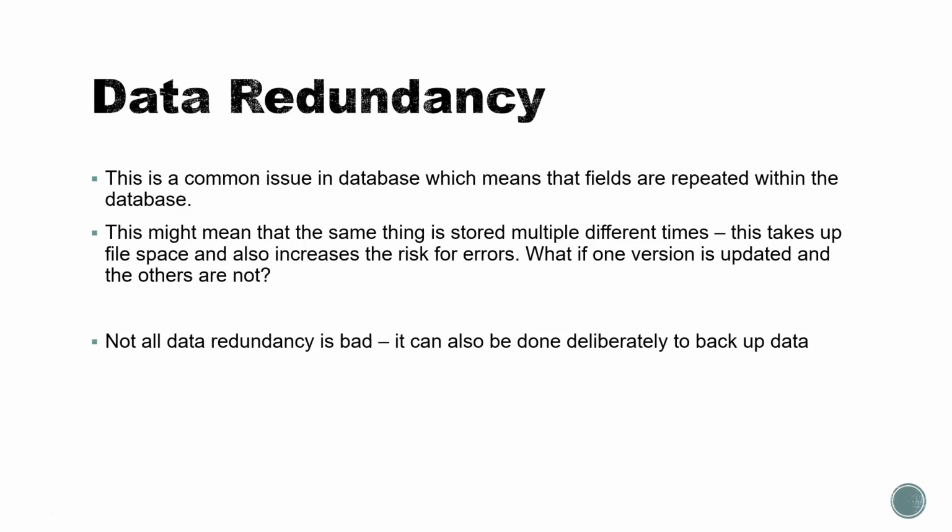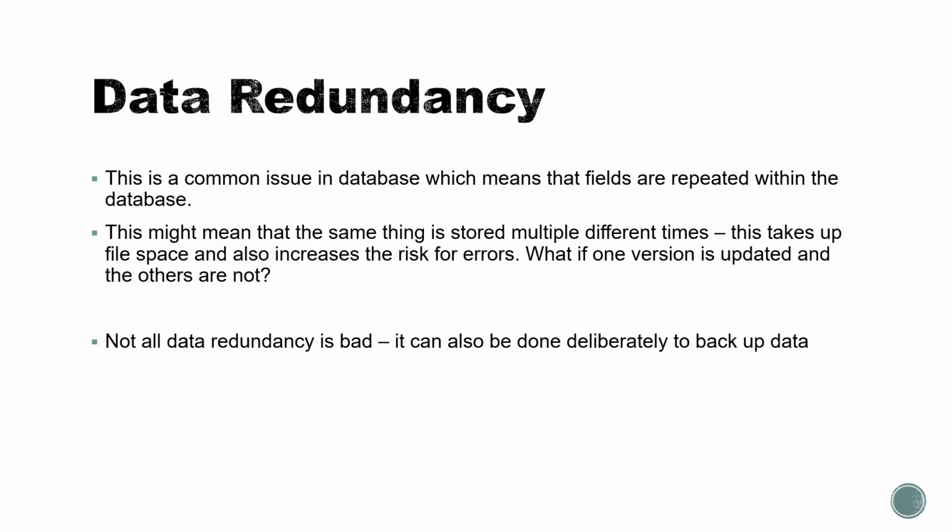Data redundancy. I've mentioned data redundancy a couple of times already. Data redundancy is where you have fields that are repeated throughout the database, which potentially leads to a risk of errors, because one version of the data may be updated and not the other, for example, or you start having multiple different versions of this data, as I mentioned for the pizza example earlier, and also it's taking up huge amounts of space.